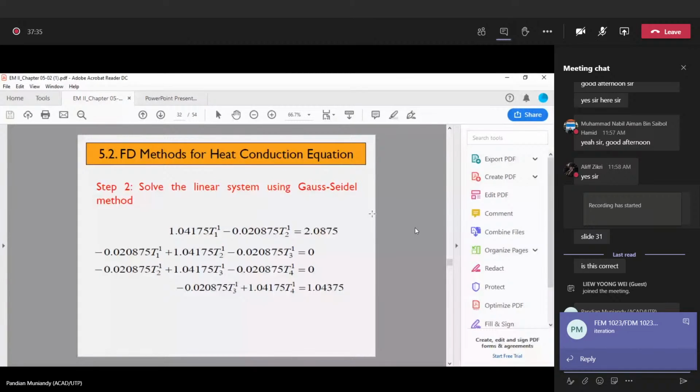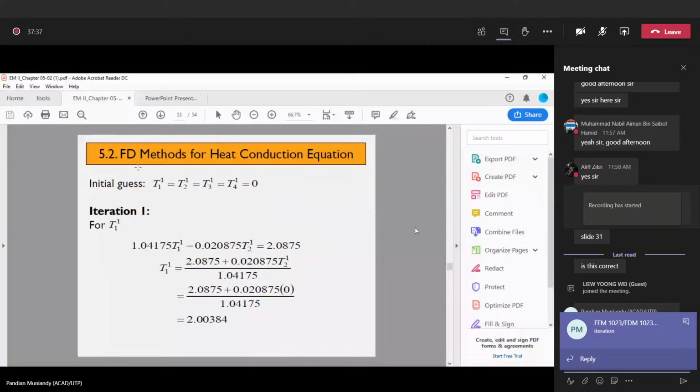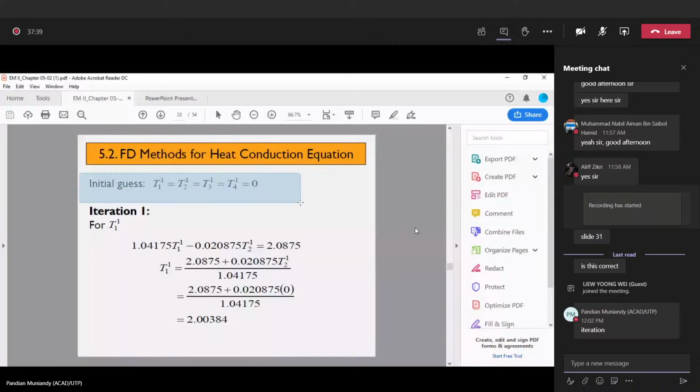Now you have to start with an initial guess. This is only for Gauss-Seidel. So for Gauss-Seidel, you must start with the initial guess. So how do we know the initial guess? You have to create it on your own. It is already mentioned that T1, T2, T3, T4 superscript 1 as the initial guess must be all 0.